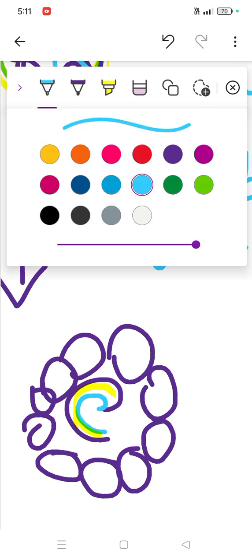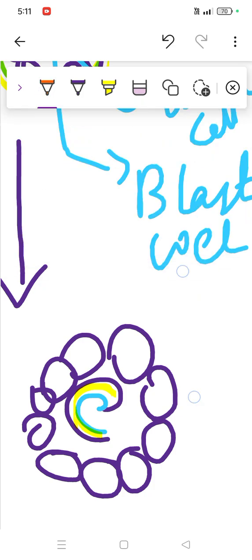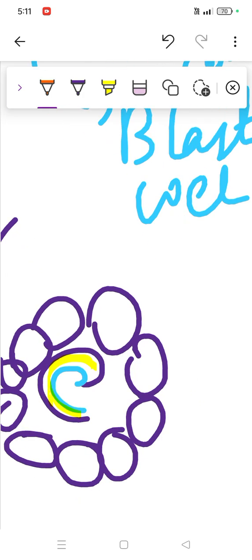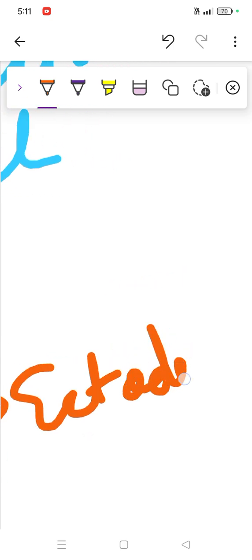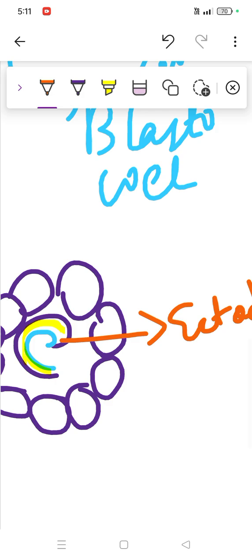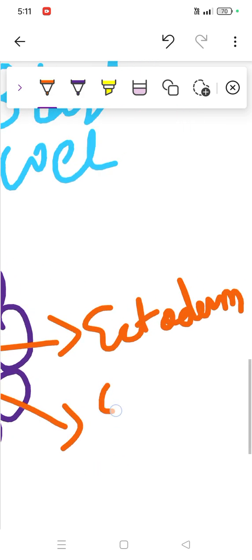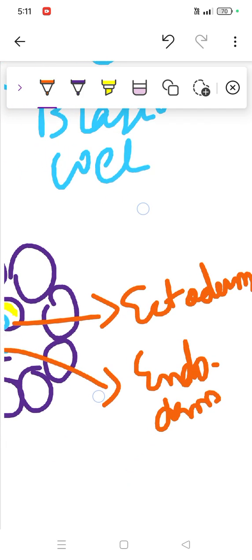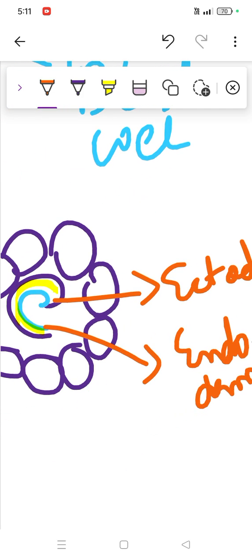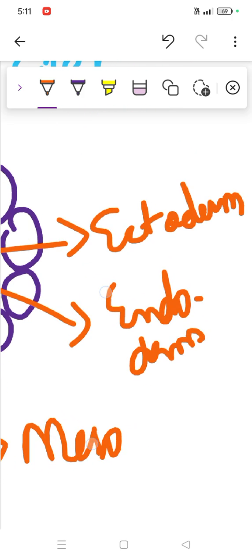So let's go with another color now, which is orange. The outer layer you see in the purple color, that's called ectoderm. The inner one, this blue one, is called endoderm. And after that we have another structure in the middle which appears later on, called mesoderm.